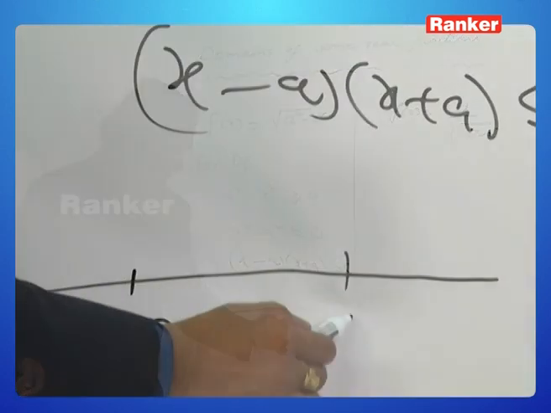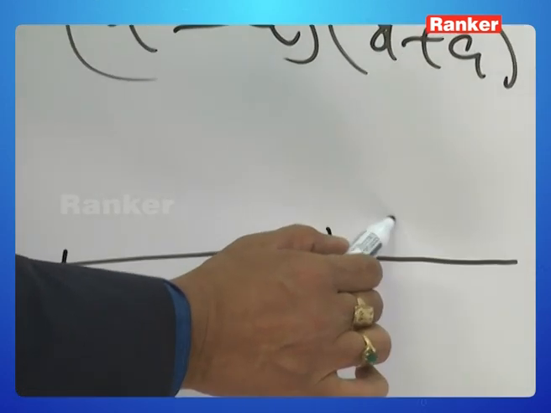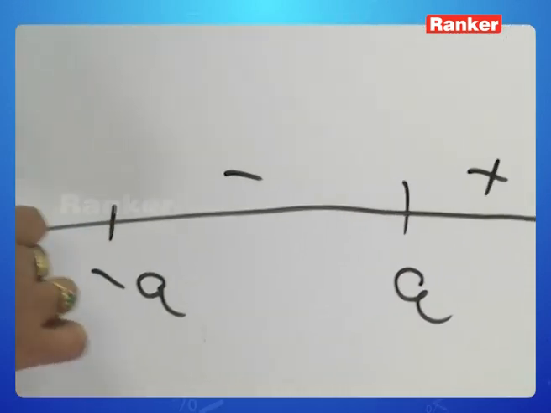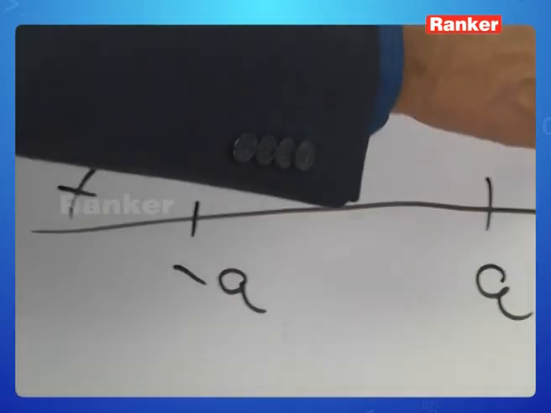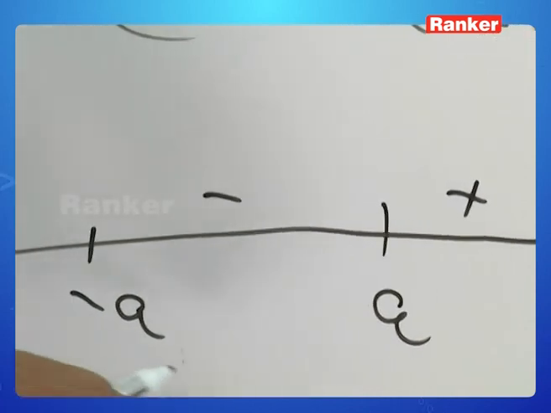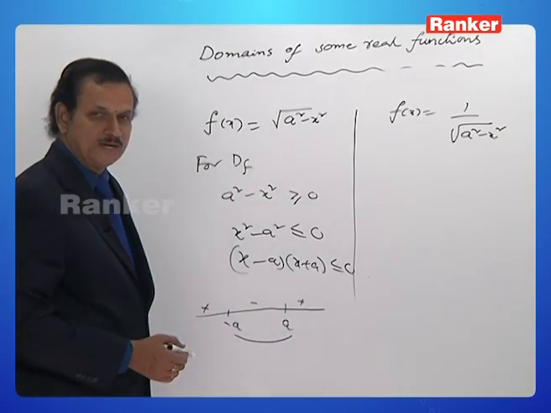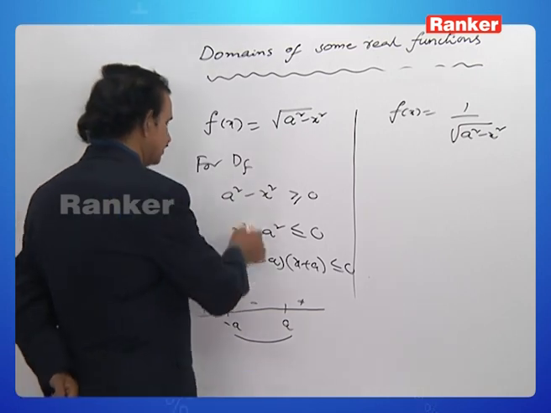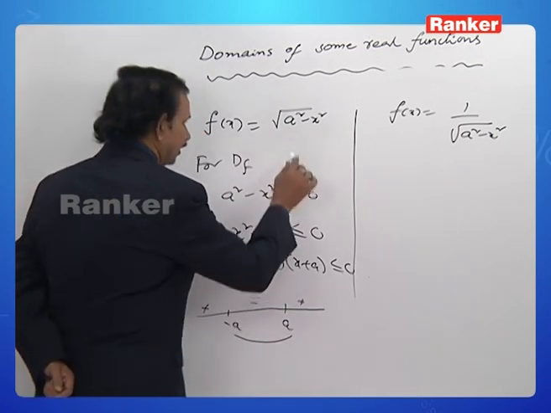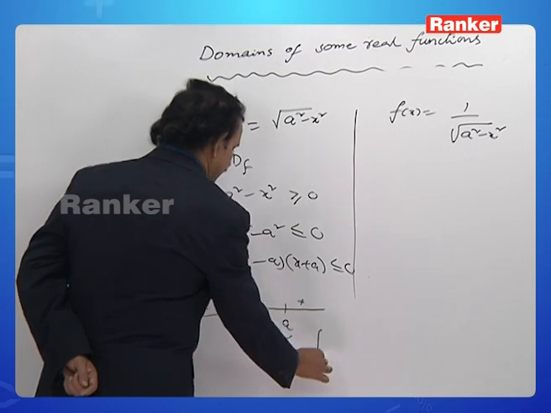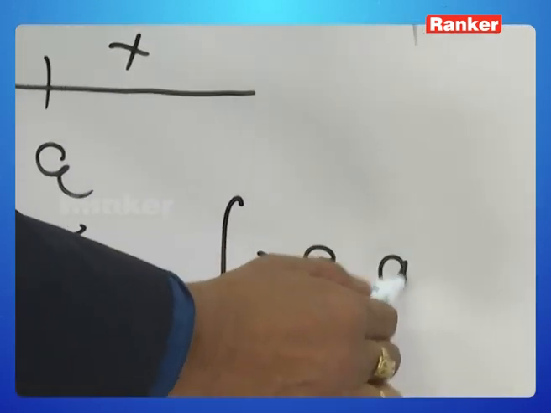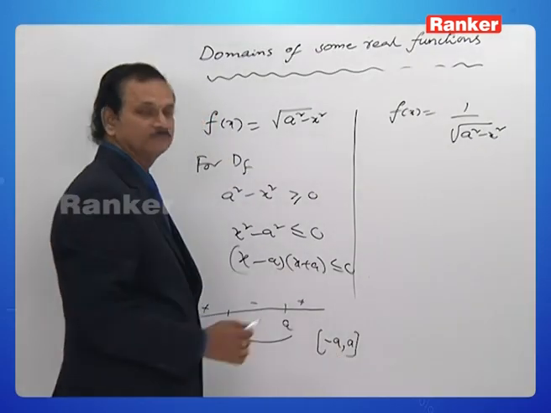Minus a, a: positive, negative, positive. To have a negative answer, we should have x in the interval minus a to a. So, what is the domain of the function? Closed interval minus a to a.